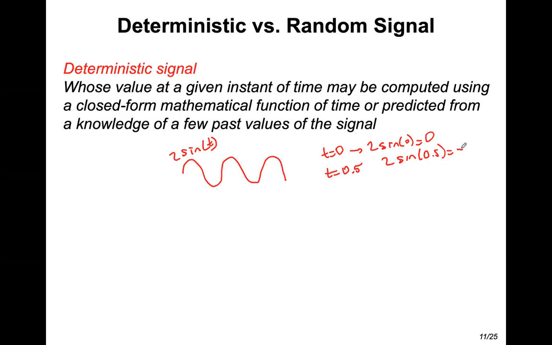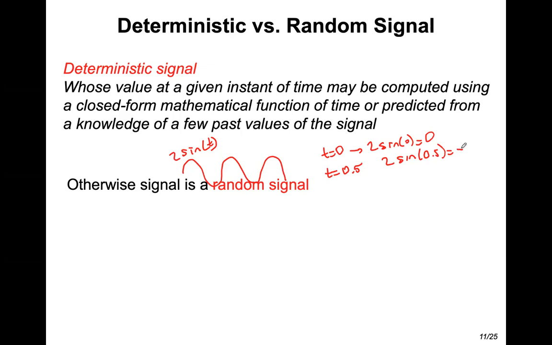If I cannot know a value at a certain time instant beforehand, then it is called a random signal. I cannot know, let's say in 10 seconds, what will be my brainwave voltage value that I can obtain from the brain. I may not know it, okay? I will not usually be knowing it.